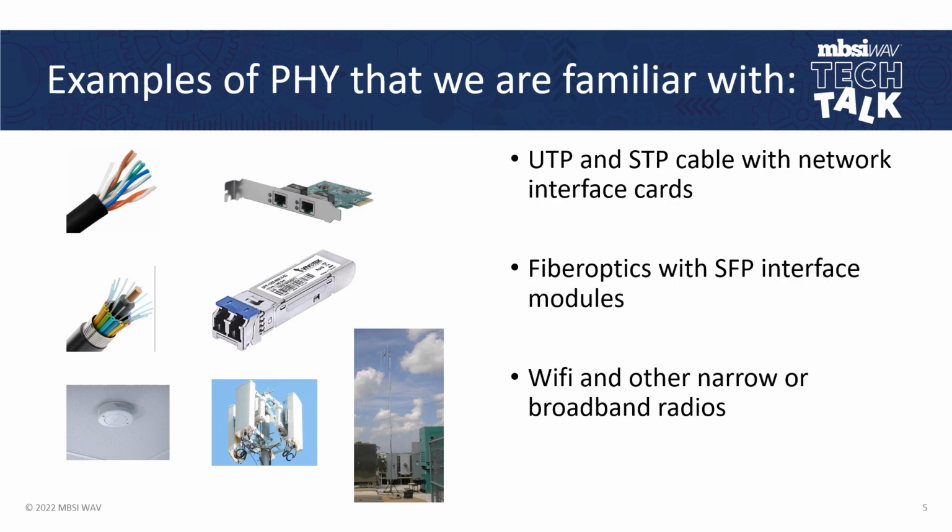another PHY that we're ultimately familiar with is radios. So radio, the actual transmitter and receiver in the radio is a layer 1 function. When data is ready to be transmitted from one device to another, the transmitter is prepared and turned on.